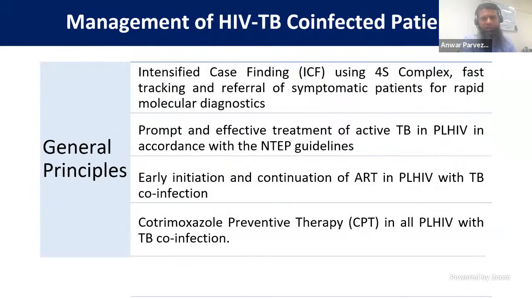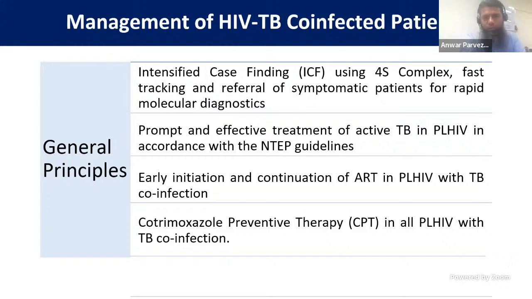So there are a few general principles in the management of HIV-TB co-infected patients. One is we have to actively look for tuberculosis disease in people living with HIV. It is called intensified case finding, which means that we proactively ask them about the symptoms of TB when they come for clinical visits to the ART centers, or for that matter, any other facility.